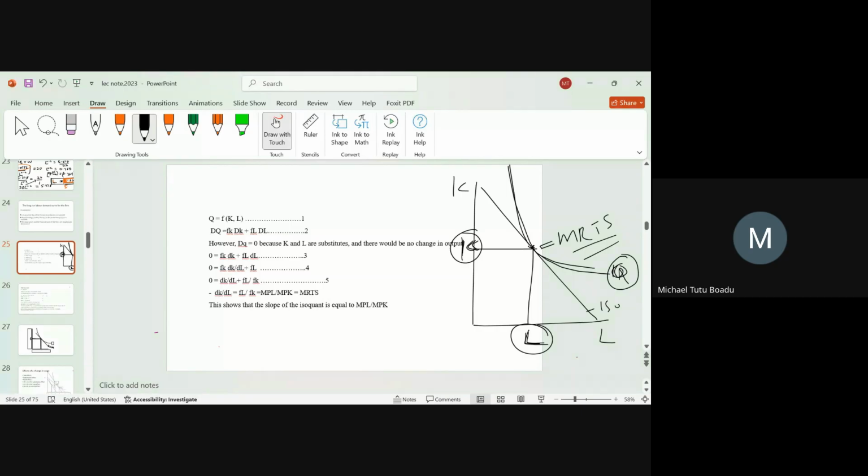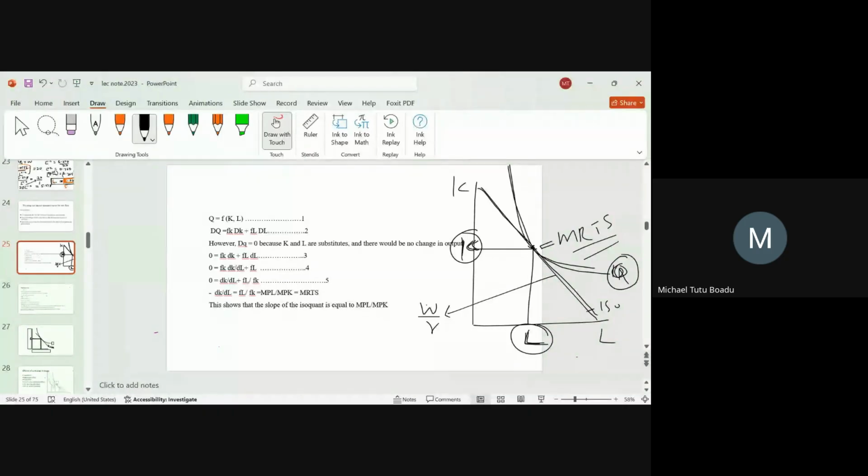And the slope of the budget line, which we call the isocost, is the ratio of the factor prices, meaning the price of labor, which is the wage, over the price of capital, which is rent. That is the slope of the isocost.